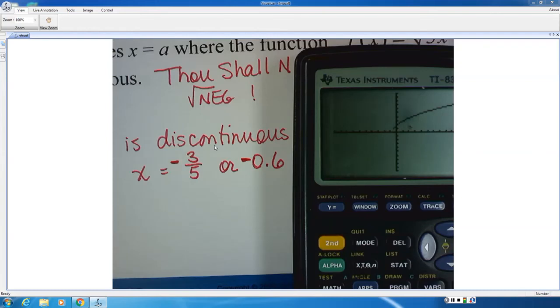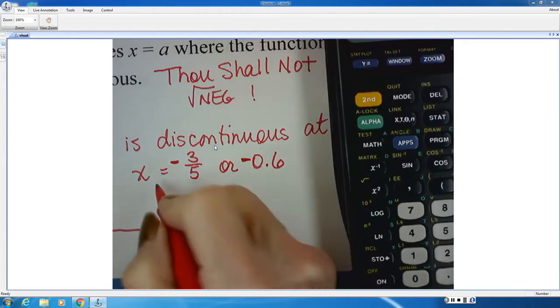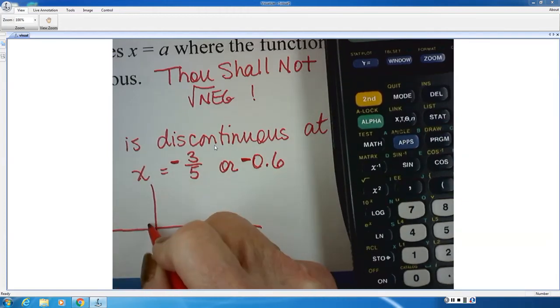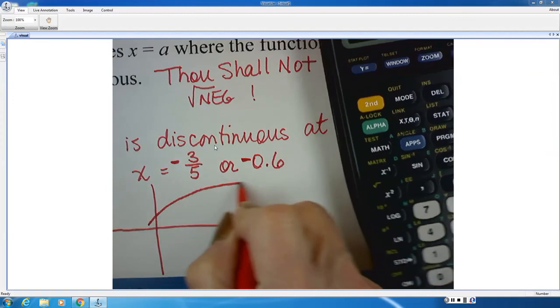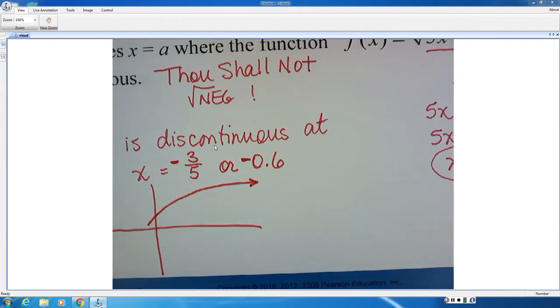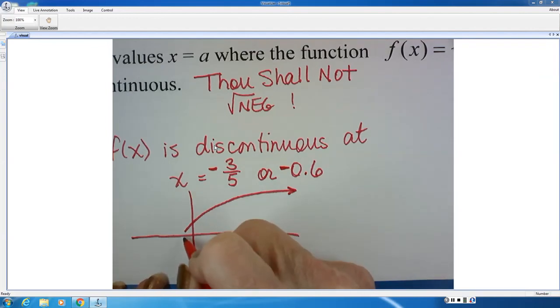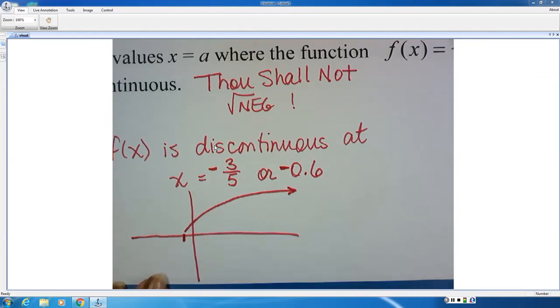So my graph looks like this. To sketch off my calculator, my graph looks like this. That value right there is negative 0.6 or 3/5.